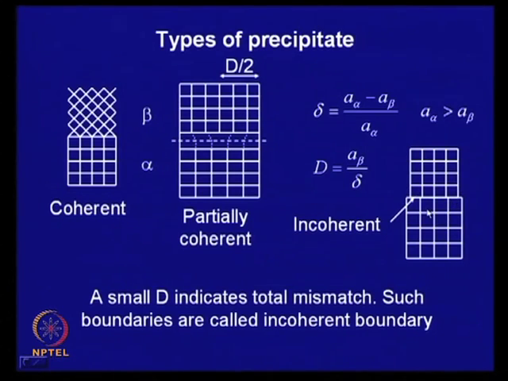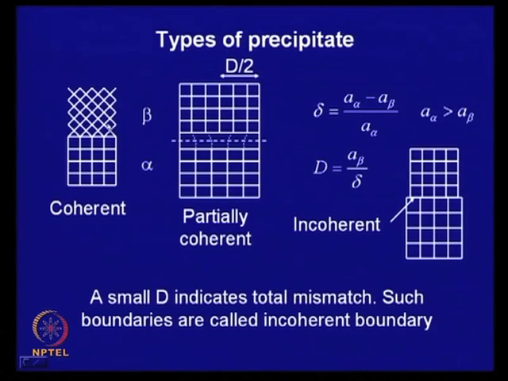So, this is an incoherent matrix. Energy wise this will have the minimum energy, this will have intermediate energy, and this type of boundary will have maximum energy. Therefore, if we look back upon that strain energy, that gamma concept, the gamma which prevents.